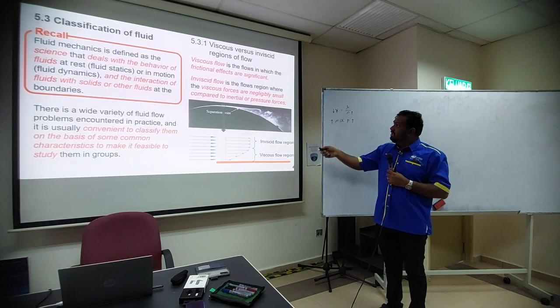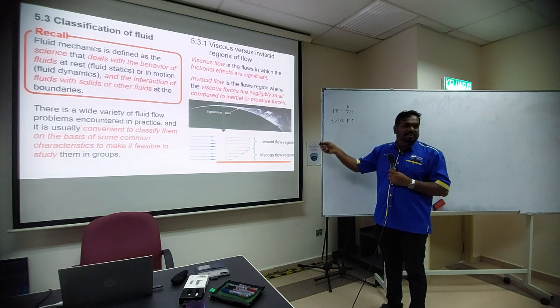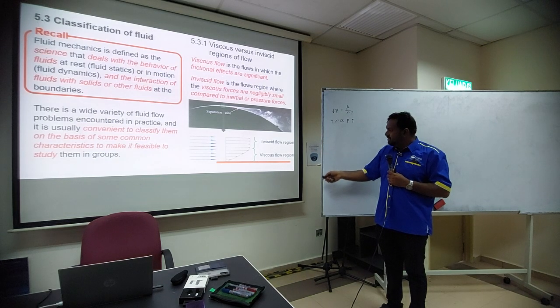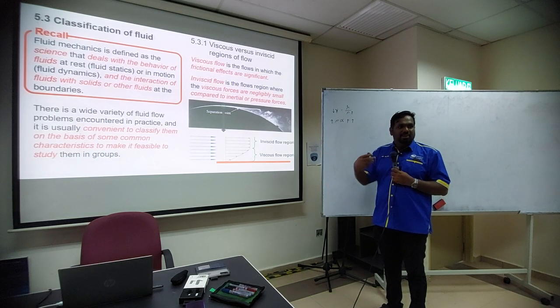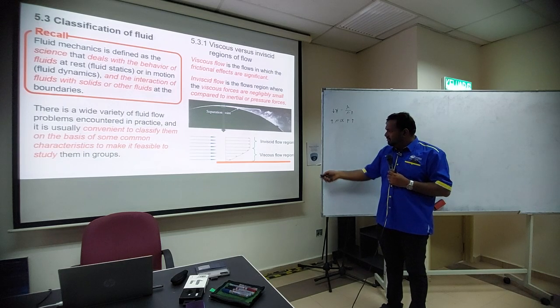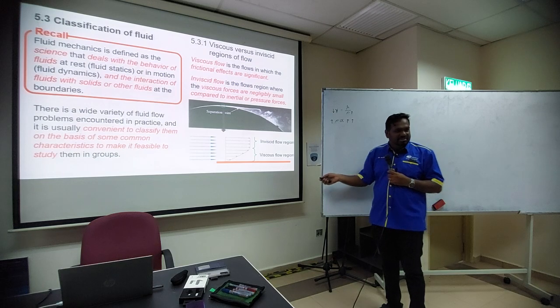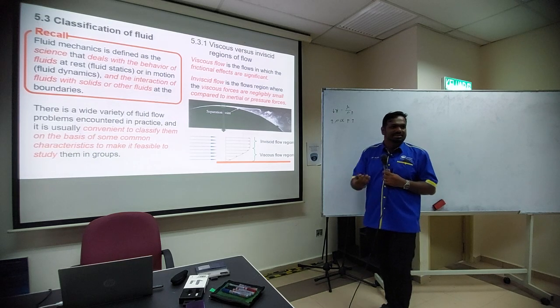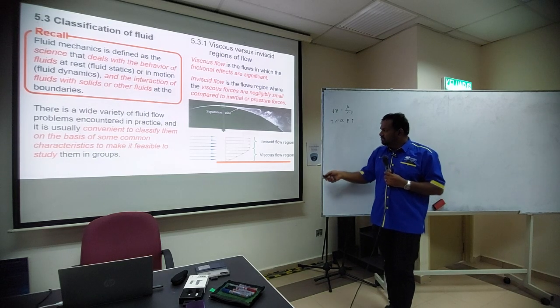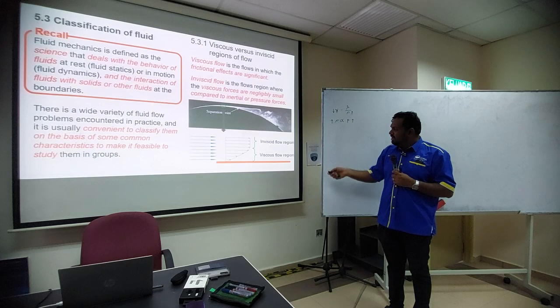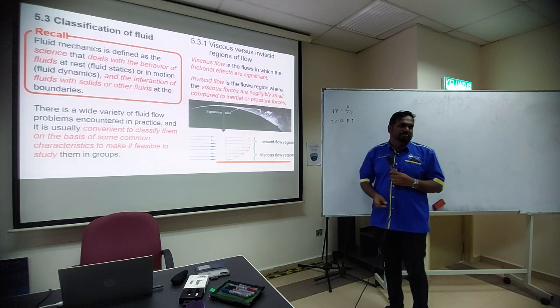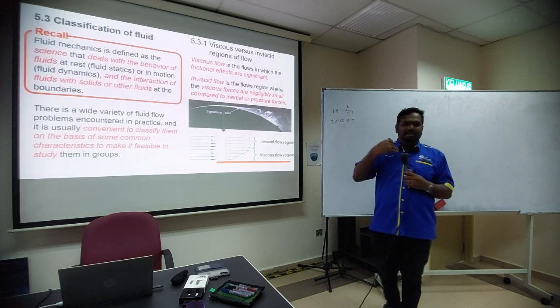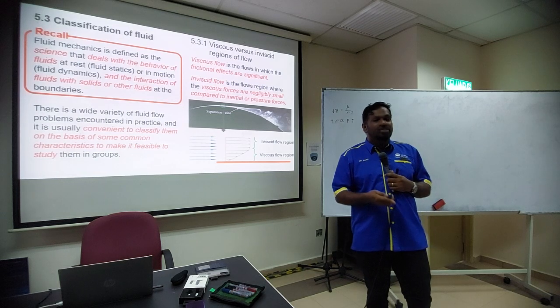Viscous meaning the frictional effect is significant, because here it can stop the velocity of the flow. So we consider the bottom part as viscous, and the top part is not really affected by the friction. Okay, no slip condition, so we call it an inviscid flow. The inviscid flow means it is not subjected to friction.